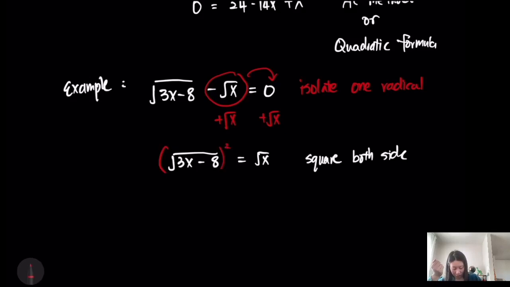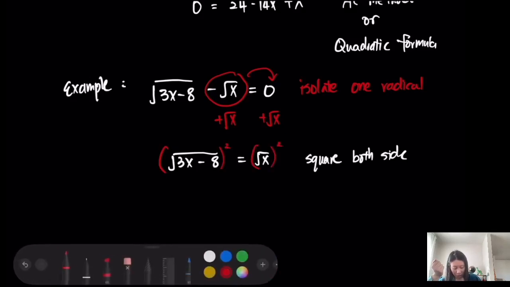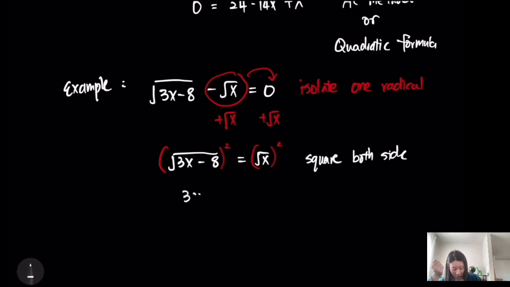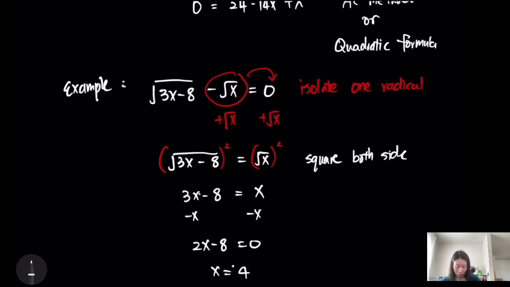Now our equation becomes 3x minus 4 equals x. Now I can solve for x. Subtracting x on both sides, 2x minus 4 equals 0, so x is equal to 2.